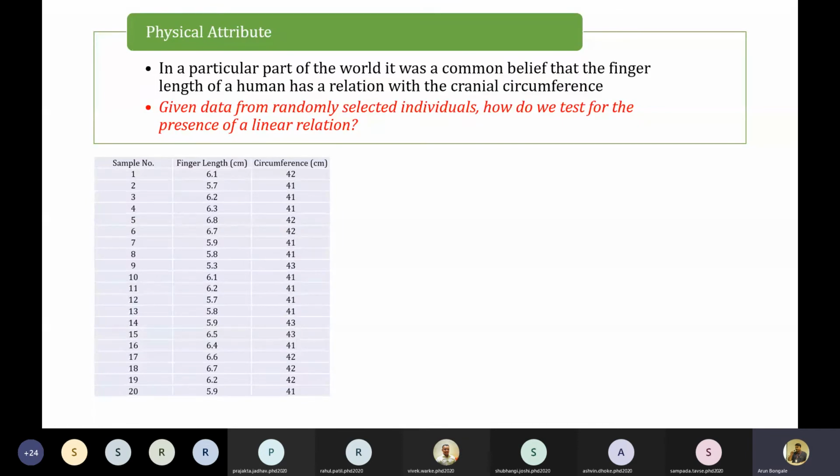So the sample number is 1 to 20. Then we have measured finger length in centimeters, and then circumference in centimeters. So this is the data set. Now, using this data set, I need to state whether this particular statement is true or false.